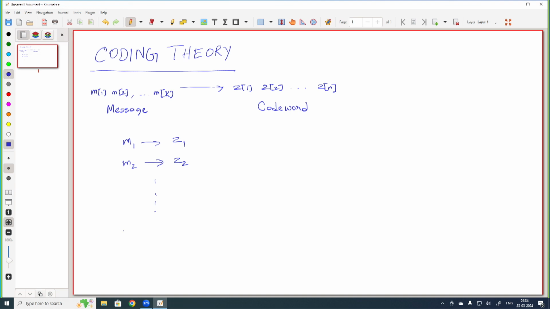So, if I have some field F, my set of messages is just a vector space of dimension k over this field F, and you can think of it as any field, but when you are working with computers it becomes a finite field. So, this is the set of all messages, right.